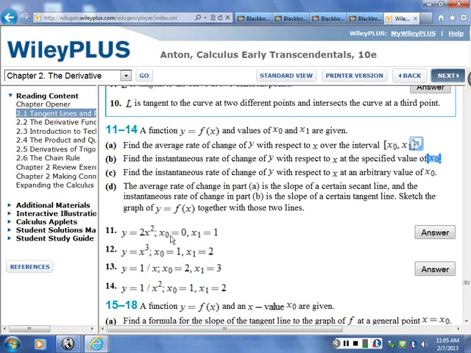You let that be x naught, and you leave x naught in your expression. So you have f of x naught plus h minus f of x naught over h. Your function is going to be a function of x naught. Does that make sense? B and C are very similar. Here you're plugging in 0 for x naught, and here you're plugging x naught in for x naught. It's a placeholder for any arbitrary value.